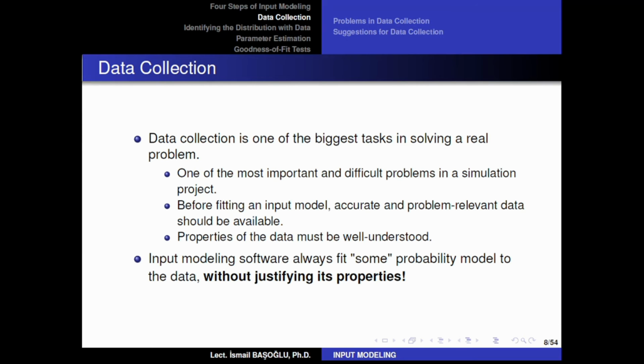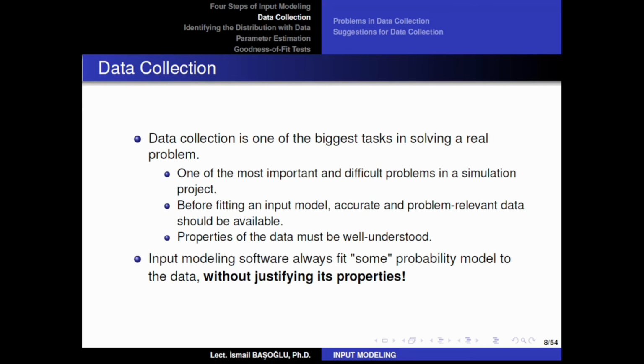Now, I have told you that random numbers cannot be generated by human minds, okay? Because the human mind has this tendency of bias. However, the human mind is better at one thing in input modeling. It is a lot better compared to computers. Computers are fast, so I agree on that.